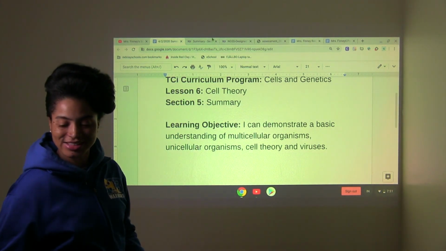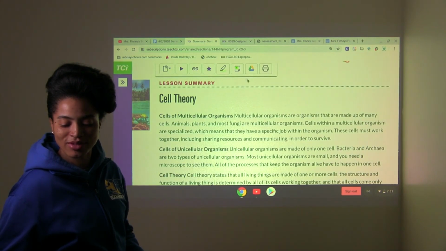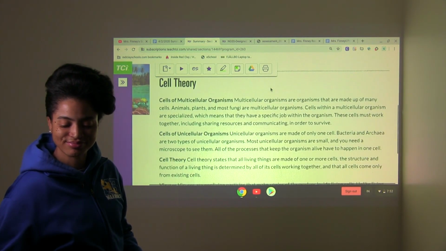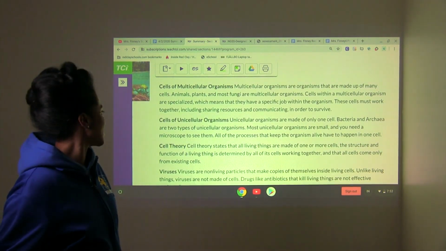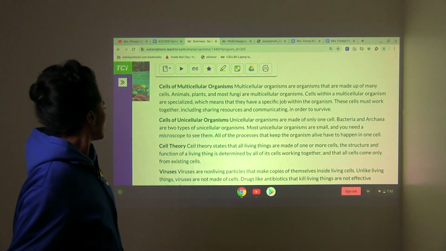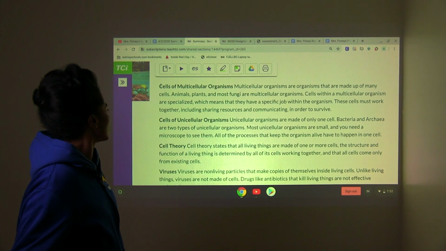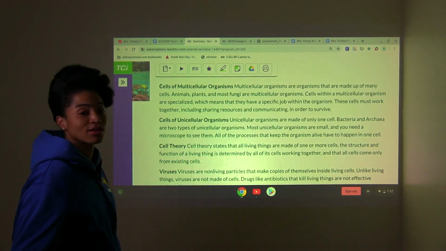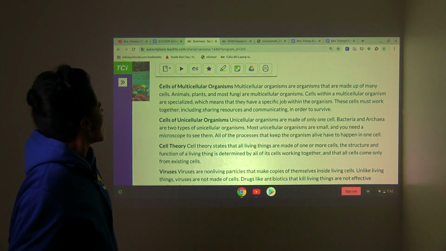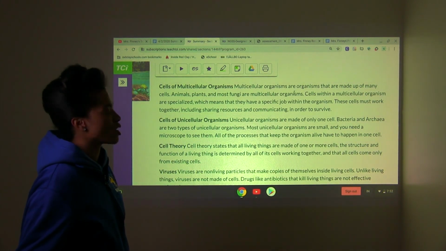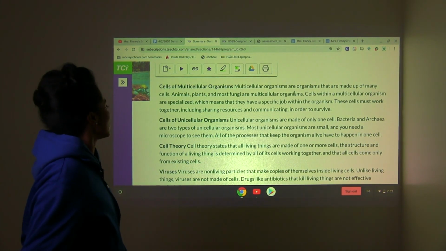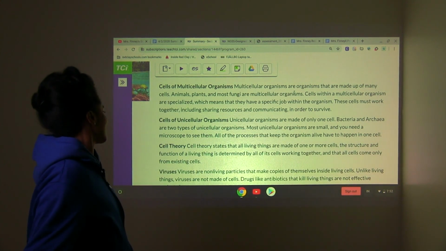All right. So let's take a look at what we've learned recently. In your summary section, it tells you some wrap-up information. So here we recap cells of multicellular organisms. That section let us understand that multicellular organisms are organisms that are made up of many cells.